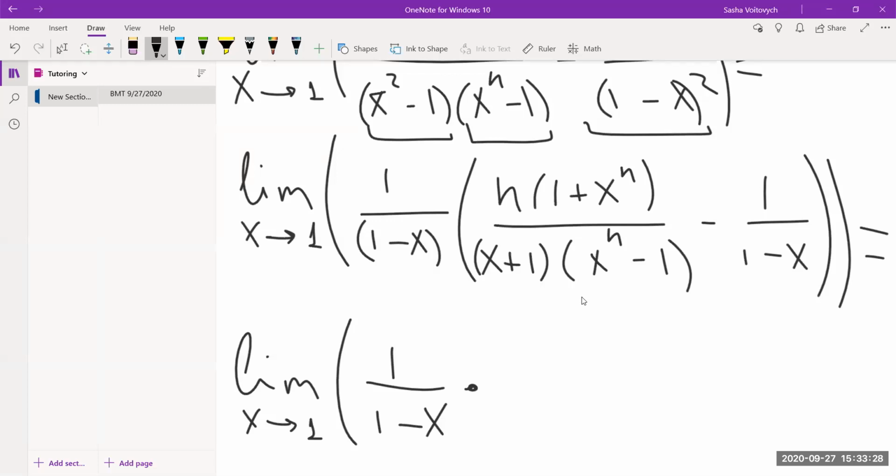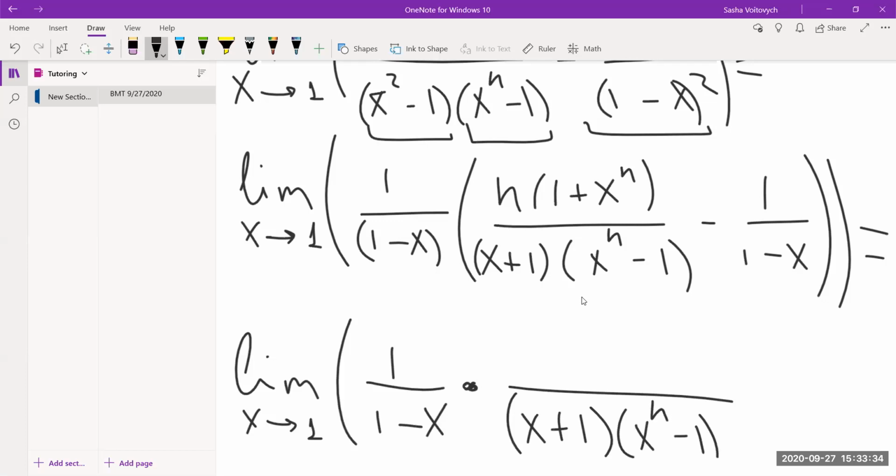Here we get x plus 1 times x to the power of n minus 1. Sorry, this is supposed to be x minus 1 here, x minus 1 here. Yes.